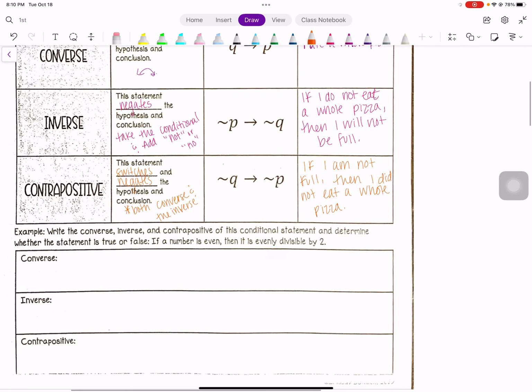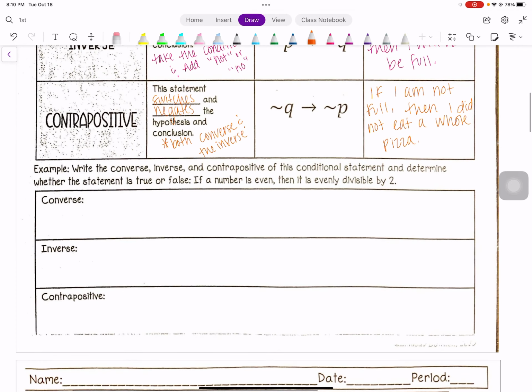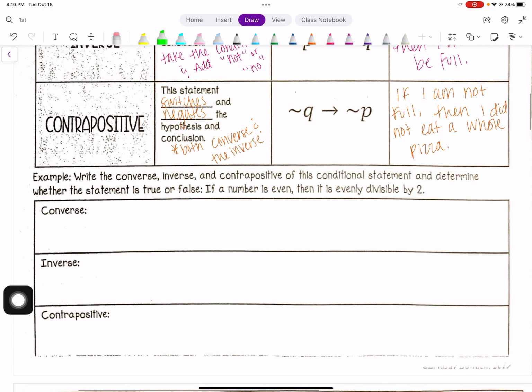Okay, so when I'm looking down here, it says create the converse, the inverse, and the contrapositive. So I give you the statement, and it says if a number is even, then it is evenly divisible by 2. So remember, converse means to switch.